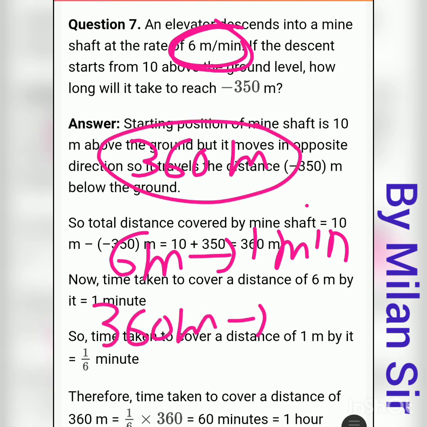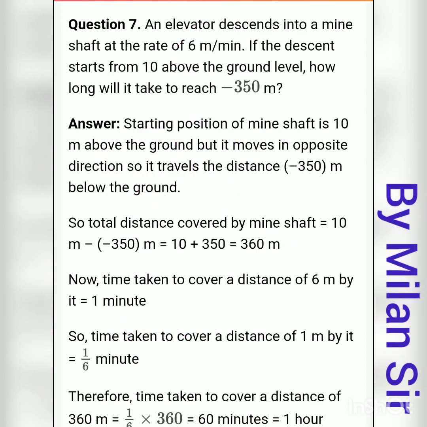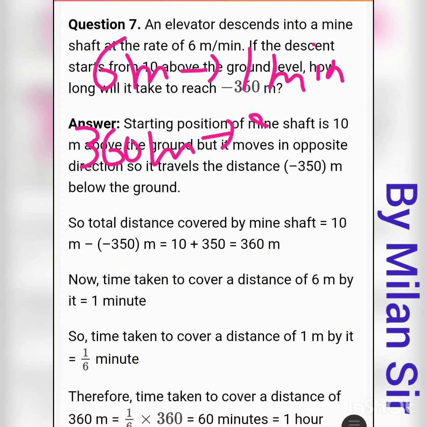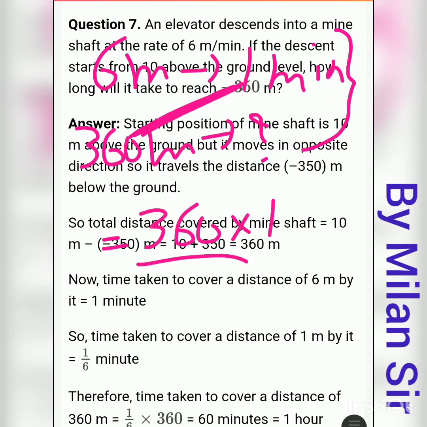Again the same process: we multiply 360 by 1 and divide by the first number 6.